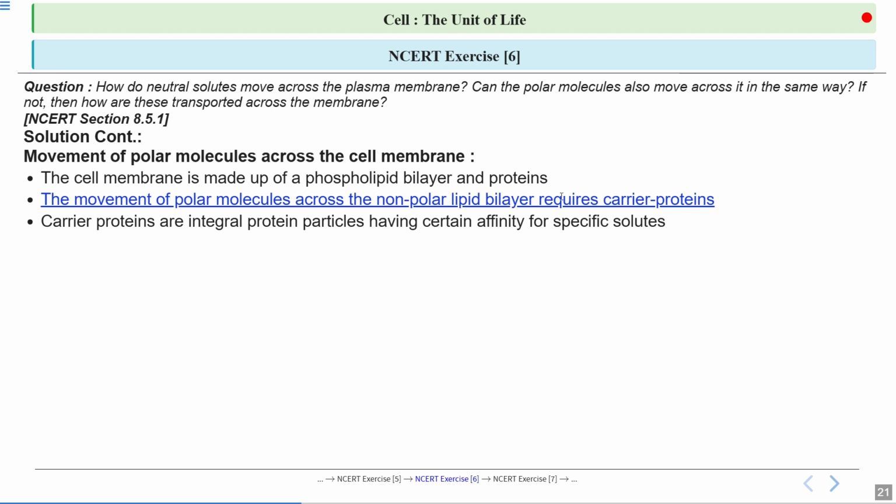Carrier proteins are integral proteins that have certain affinity for specific solutes. So they facilitate the transport of these molecules across the membrane. This is known as facilitated transport, or facilitated diffusion. Facilitated means with the help of certain proteins, carrier proteins.